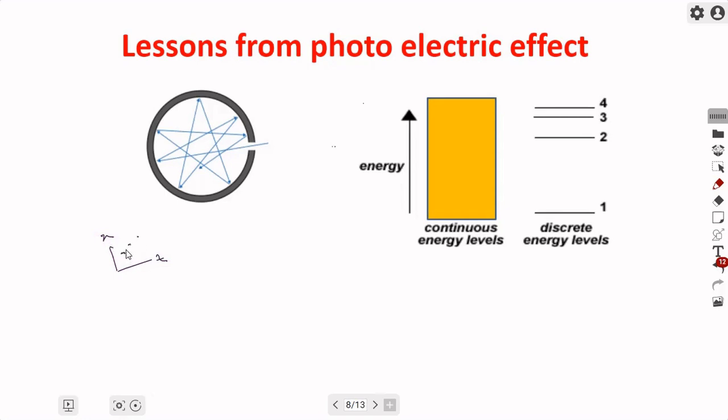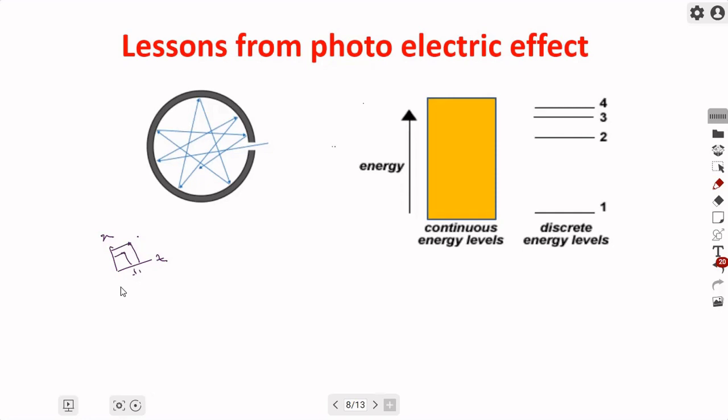We can track its position at every time, it's a measurable quantity. At time t1, it's in this position, at time t2, it is in this position. So matter has some definite mass, and its position in space is well defined.